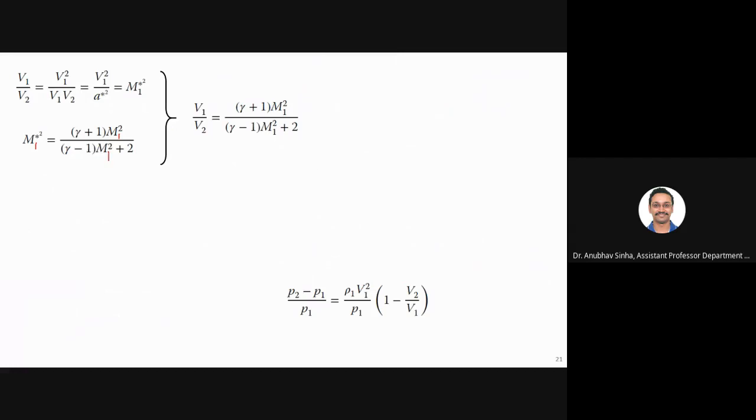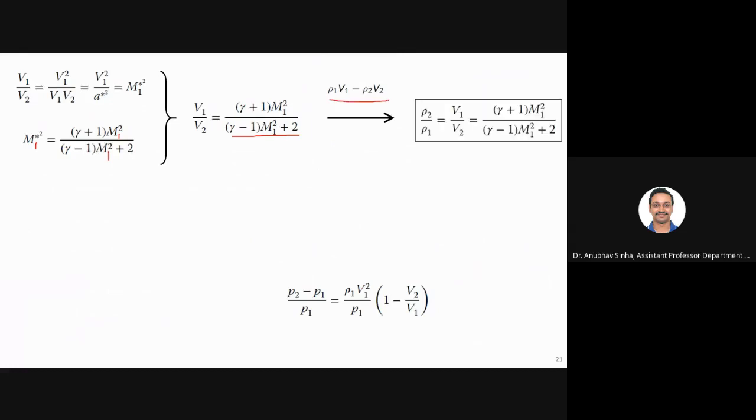So this is what we have here. Now by continuity, I have rho 1 V1 is equal to rho 2 V2. So if I equate the ratio of densities, that can be equated to V1 by V2, and that will also be equal to this term.